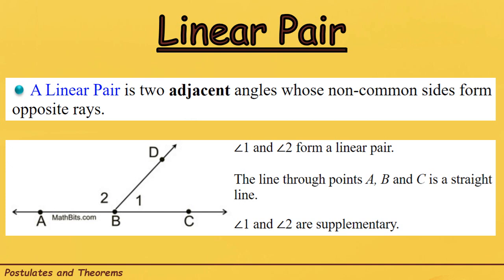And if the measures is exactly 180 degrees, the two angles are said to be supplementary. So here, angle 1 and angle 2 form a linear pair. The line through points A, B, and C is a straight line. Angle 1 and angle 2 are supplementary.